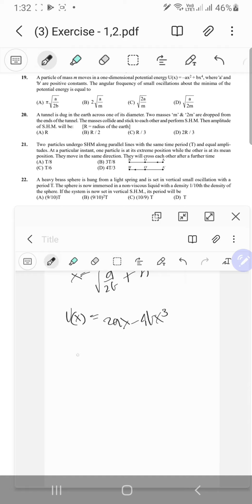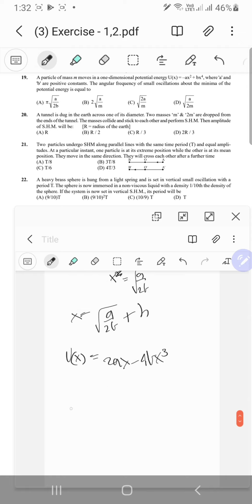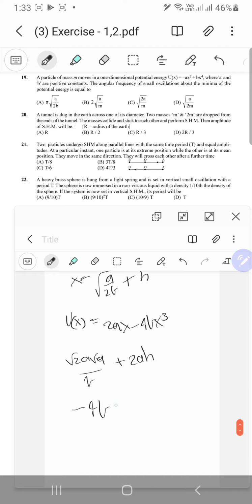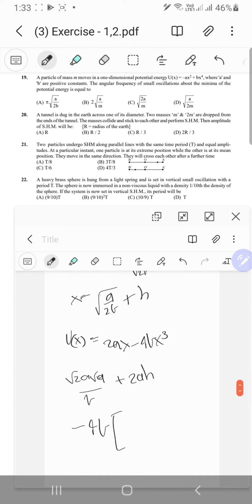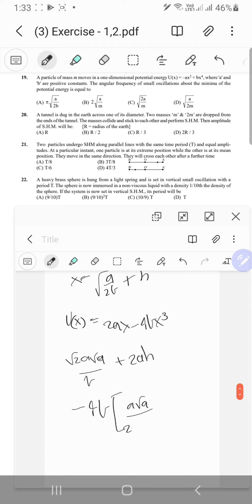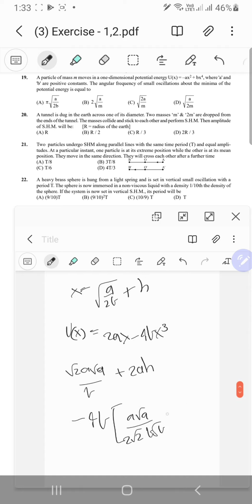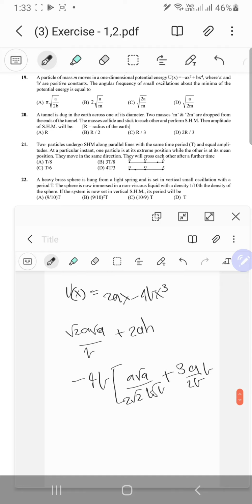It should be 2a into the square root of a upon 2b plus h, plus 2ah minus 4b into x cube. The cube of this thing will be a square root a upon 2 square root 2 b square root b, and plus 3 a upon 2b h plus some other stuff which we don't care about.